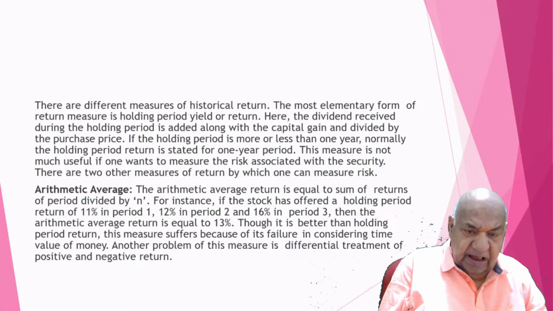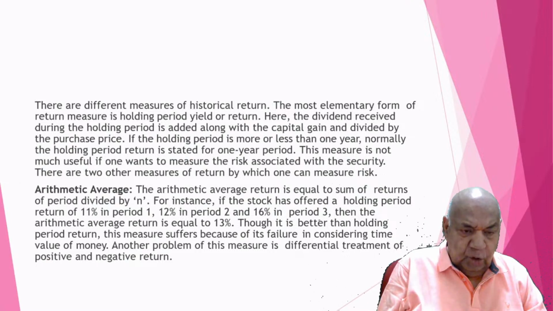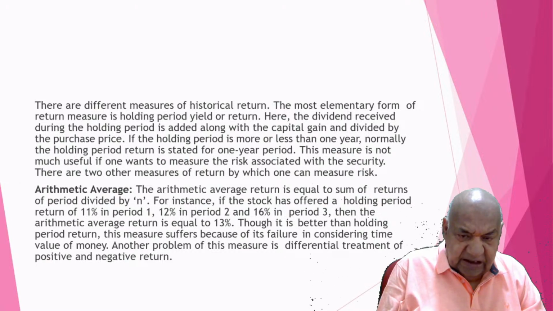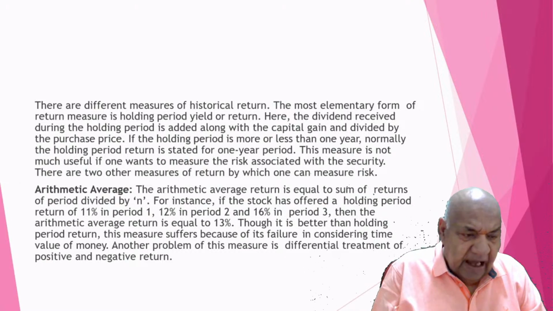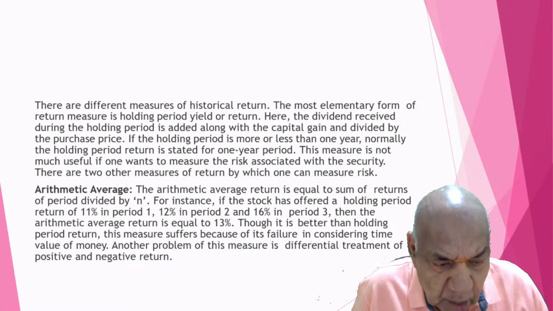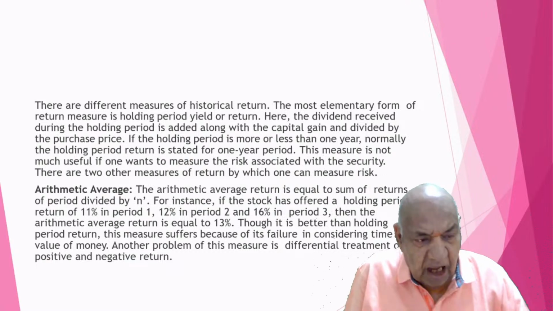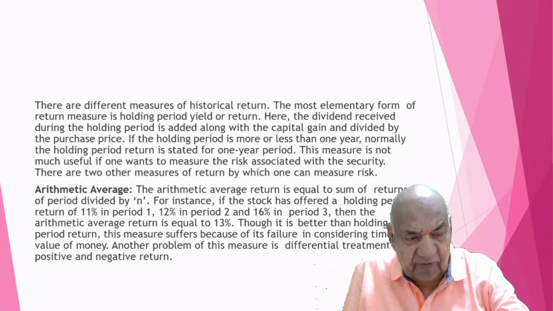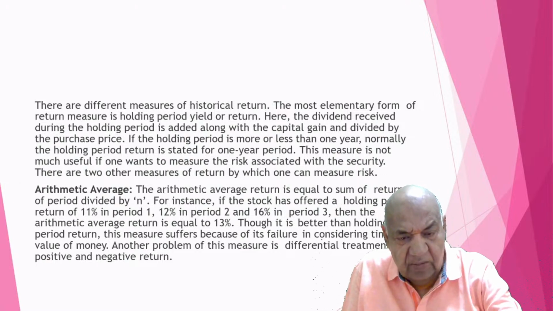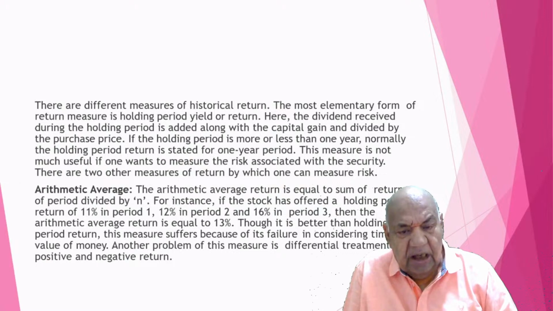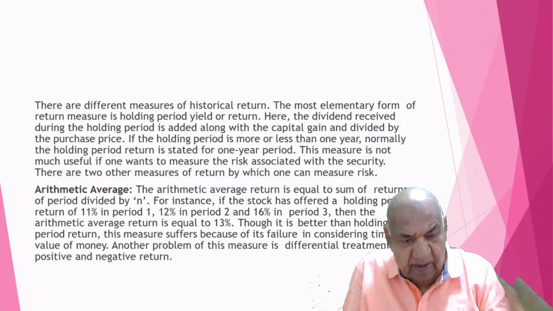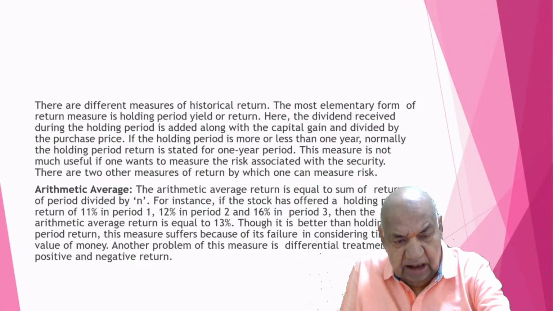For instance, if the stock has offered a holding period return of 11% in period 1, 12% in period 2, and 16% in period 3, then the arithmetic average return is equal to 13%. How? The total of 11 plus 12 plus 16 equals 39, divided by 3, the number of periods, it comes to 13%.